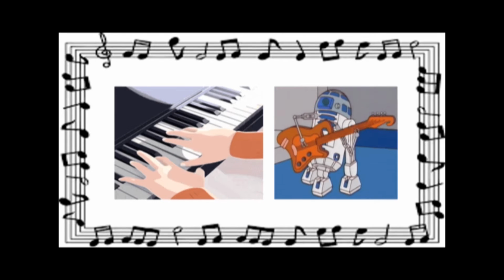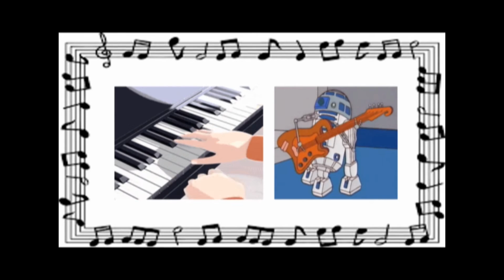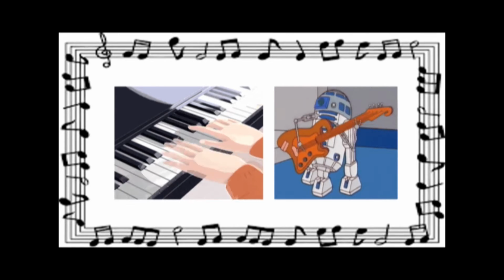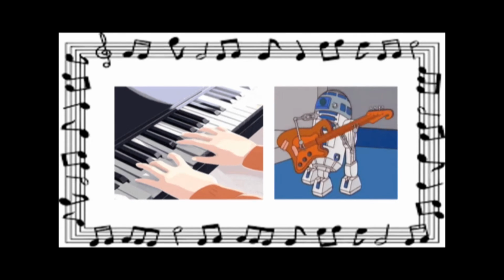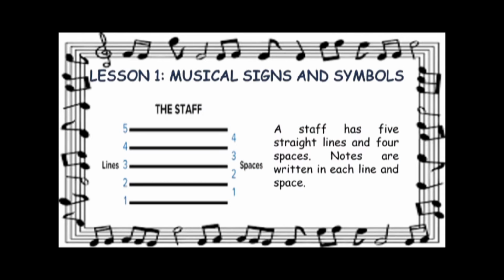Aside from the lyrics, they are doing, of course, the chords or the notes or the rest. So what we will learn today is all about musical signs and symbols. Again, musical signs and symbols.